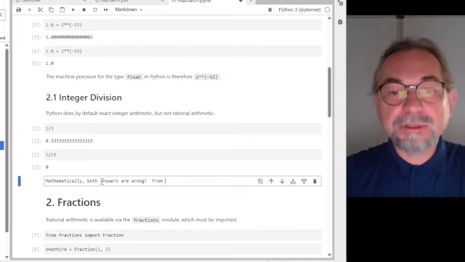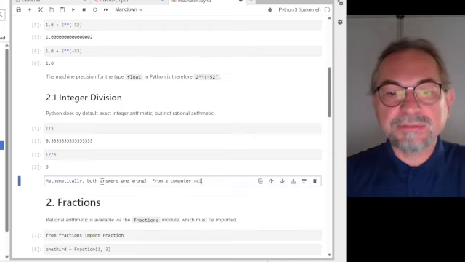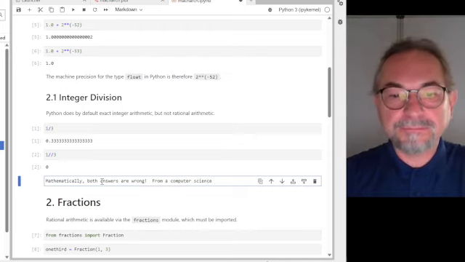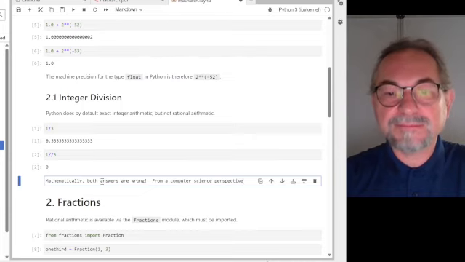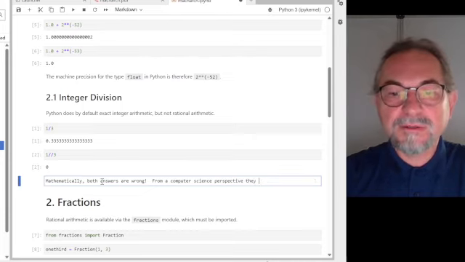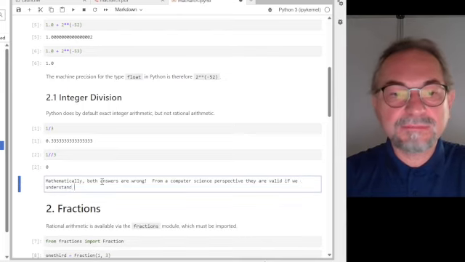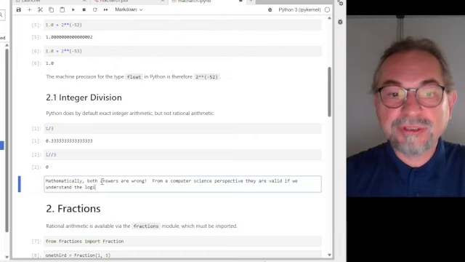But from a computer science perspective, they are perfectly valid if we understand the logic of the typing.